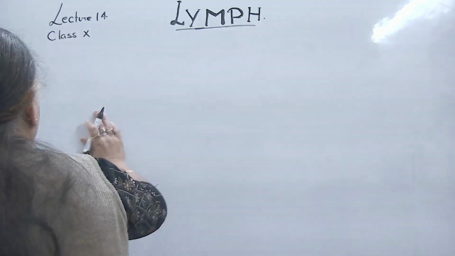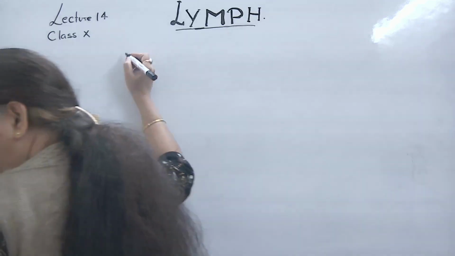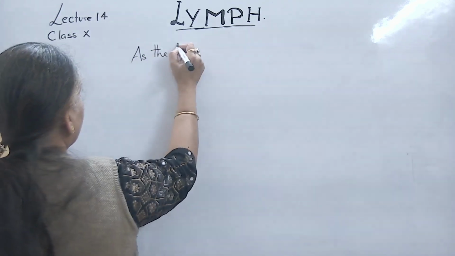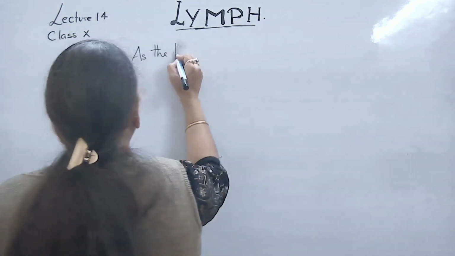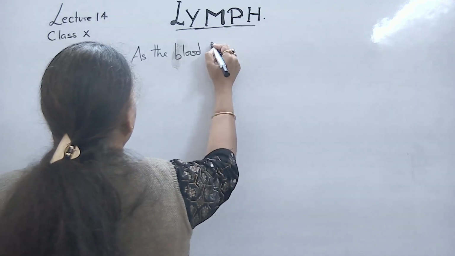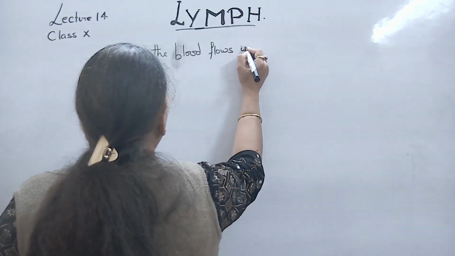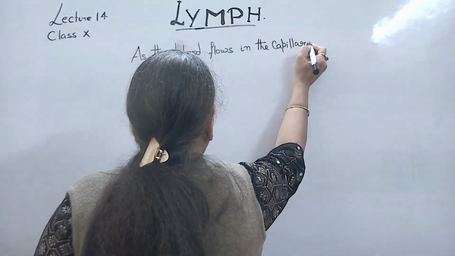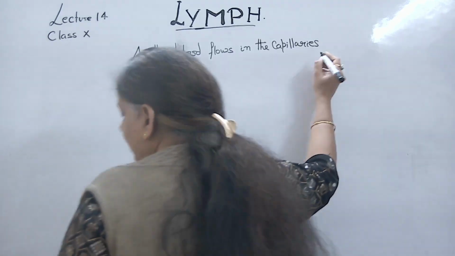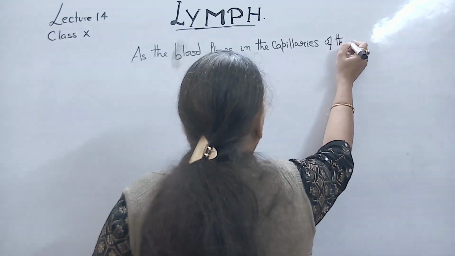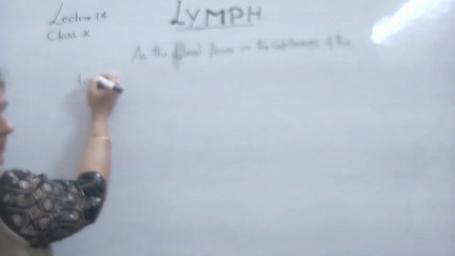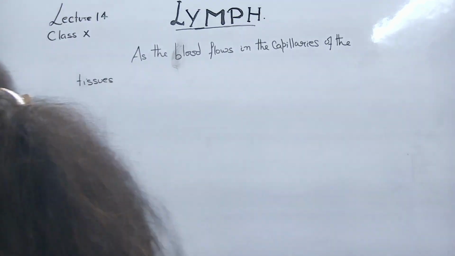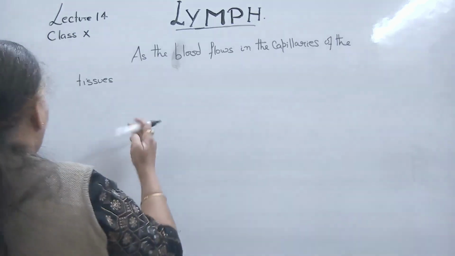See, as the blood flows in the capillaries of the tissues, the plasma and the leukocytes, that is WBCs, leak out through their walls.